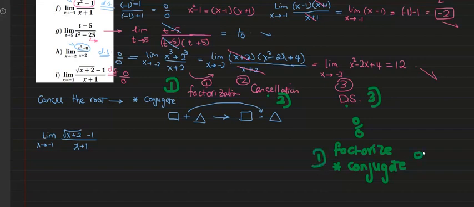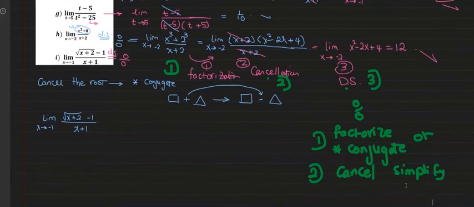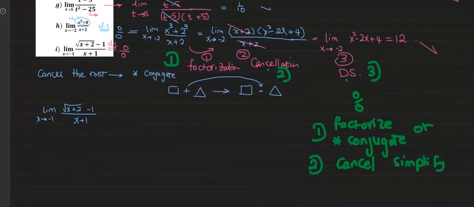We do this or that, and in step 2 we cancel or we simplify, and finally we direct substitute. These are the main steps for solving the limit problem if the output of the first direct substitution was 0 over 0.